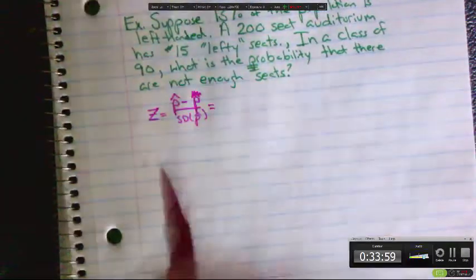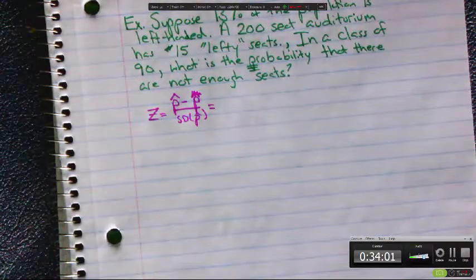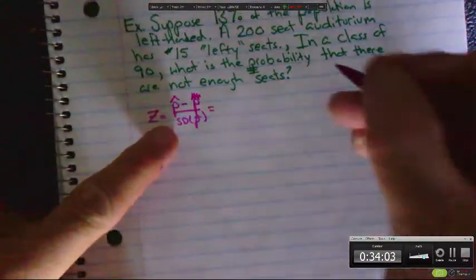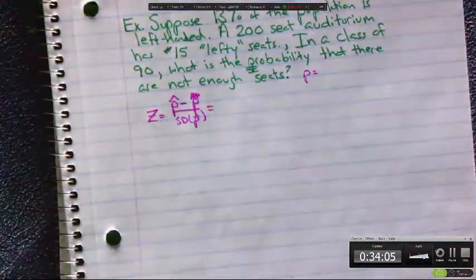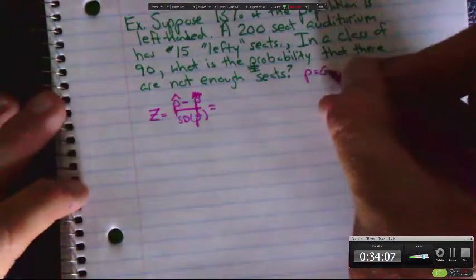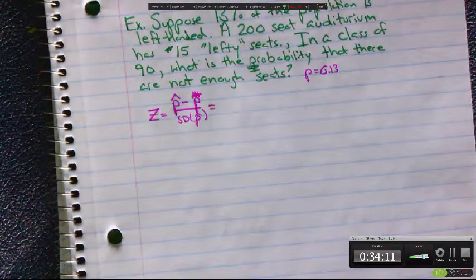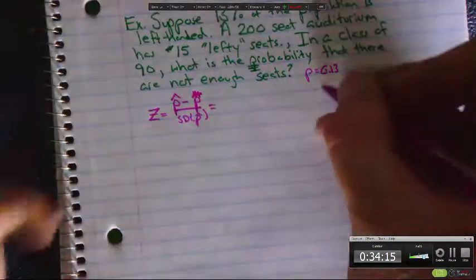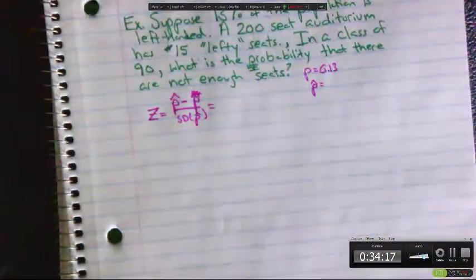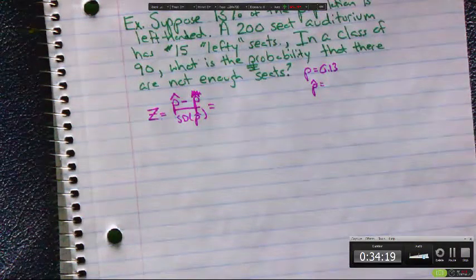Okay, the z-score. P hat minus p. First off, what is p? P is 0.13, because we're told to suppose 13% is left-handed. Our sample proportion is what's going to happen in our case.